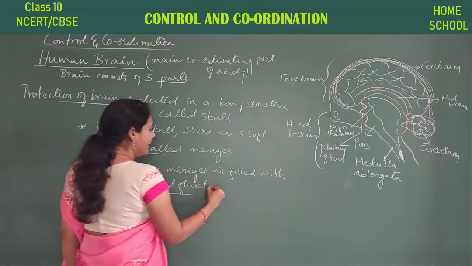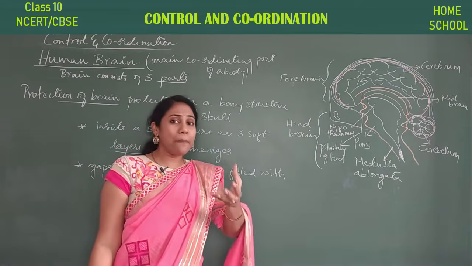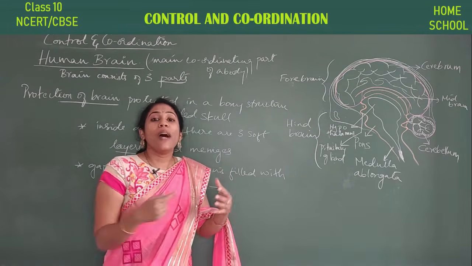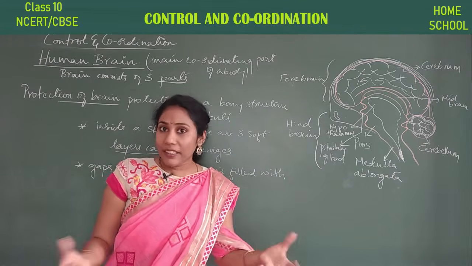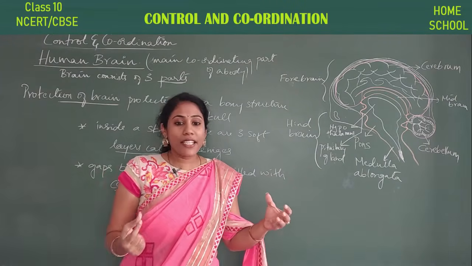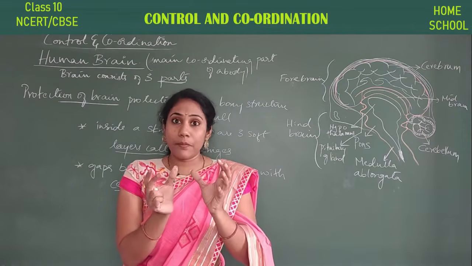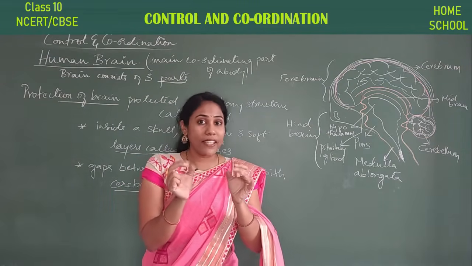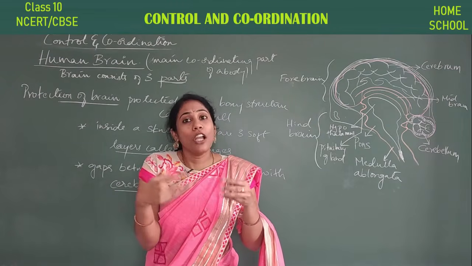And why is a fluid filled in that gap of the meninges? It is to provide buoyancy for the brain. It is to protect the brain. Say for example, whenever you want to pack glass items, glass items are very delicate, isn't it? And if you want to pack them, you will take lots of care.